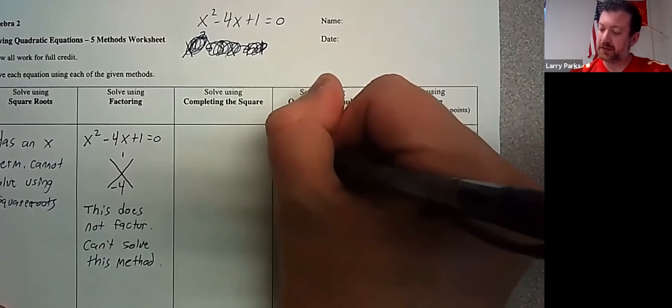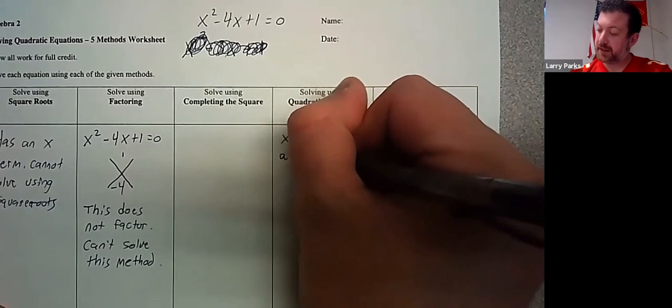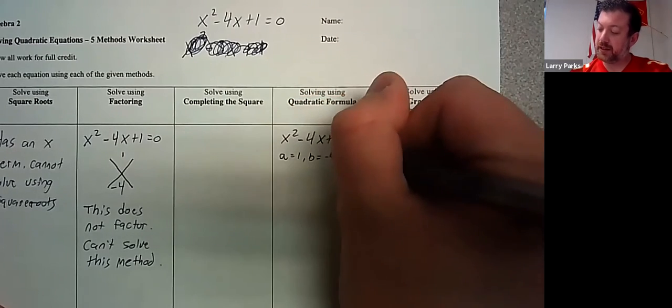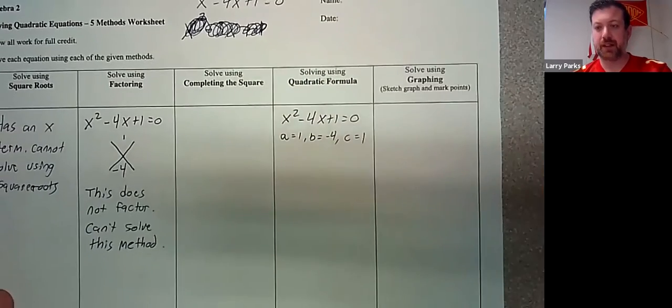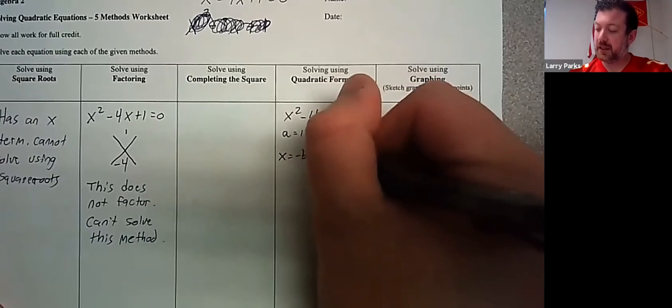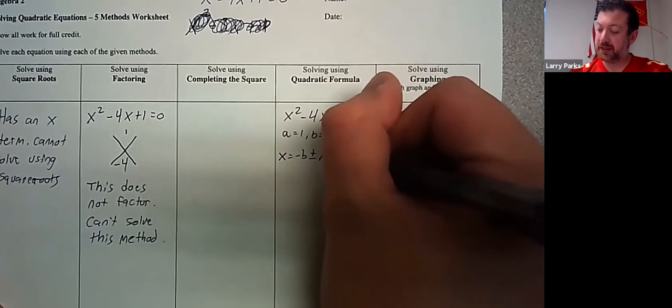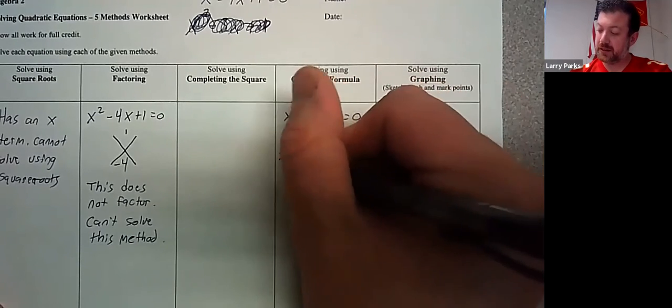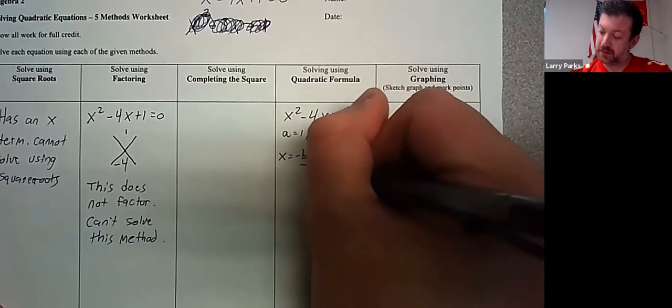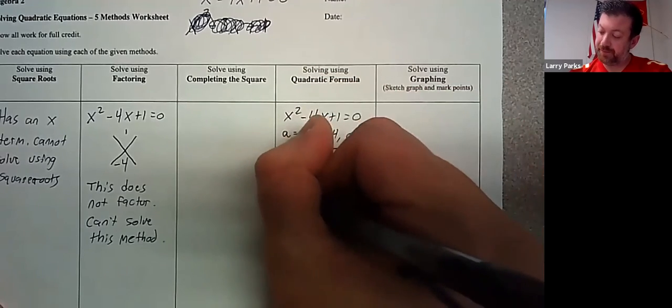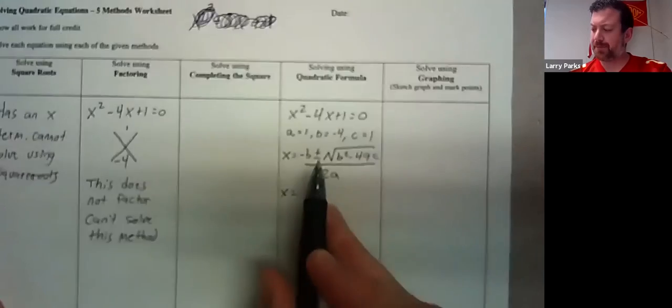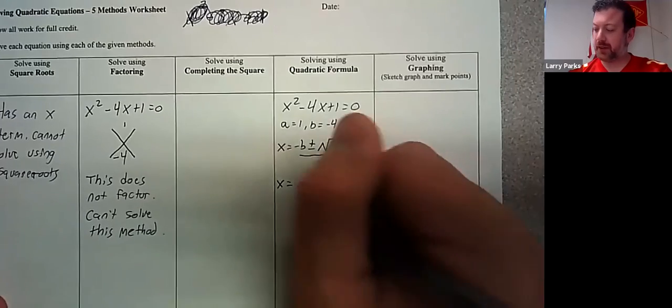So a is 1, b is negative 4, c is 1. And then I plug into my formula. Well, first, write down your formula. So negative 4 would be 4.